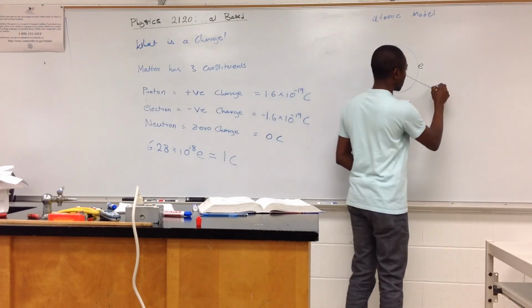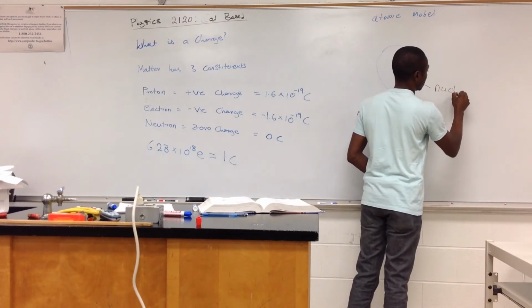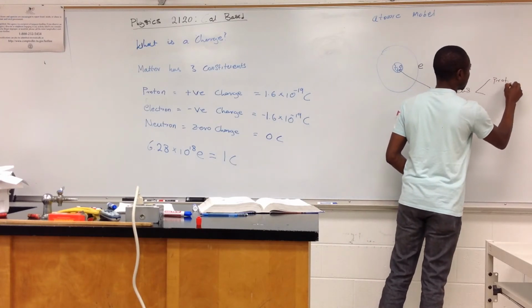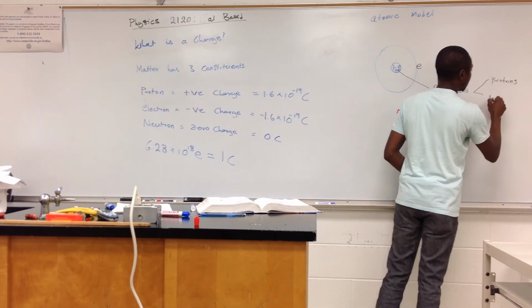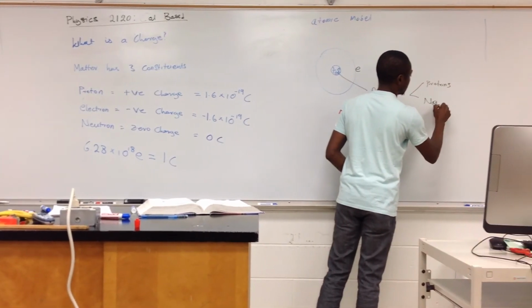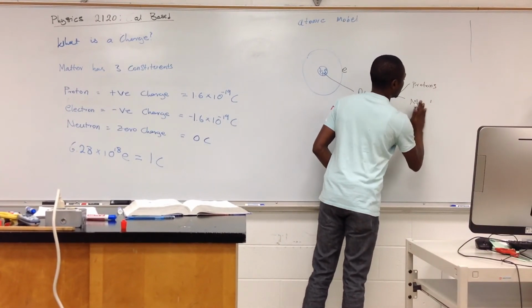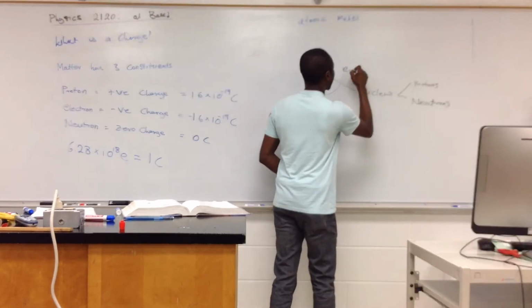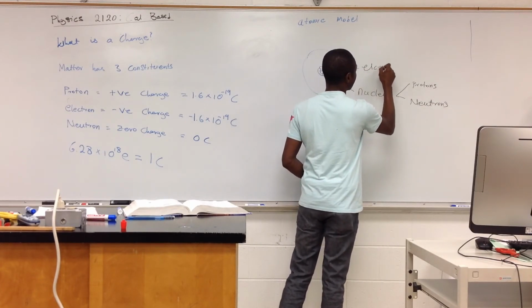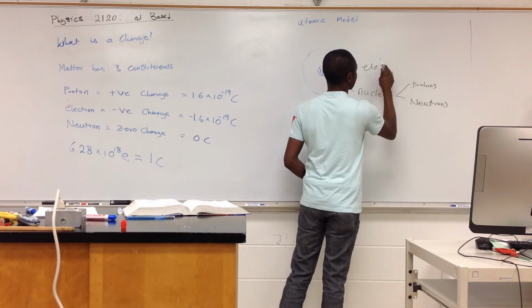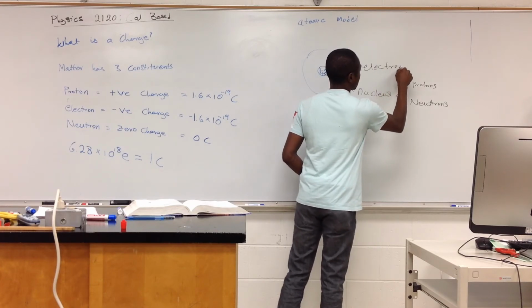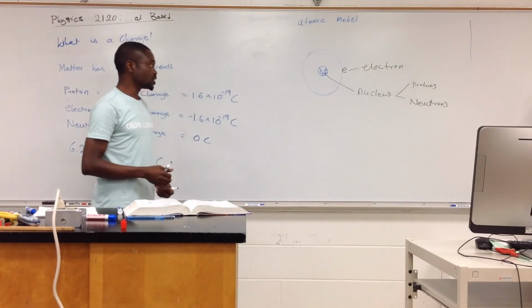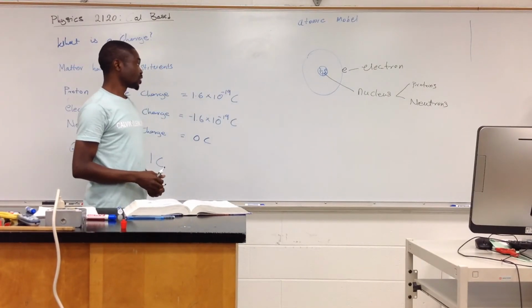So the nucleus has both protons and neutrons, and we have electrons orbiting these protons.